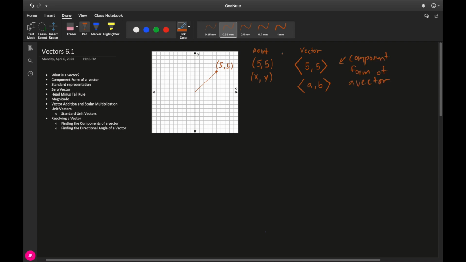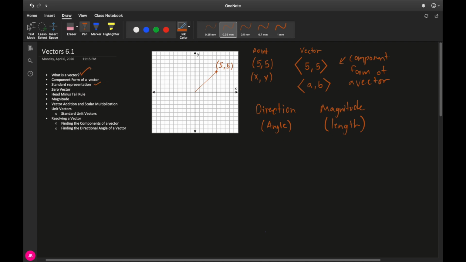Now a vector has two things. It has direction and it has magnitude. So direction, which is usually going to be in the form of an angle, and then it also has magnitude, which simply means the length of the vector, or of the line segment that is representing the vector. So this arrow right here is in what we call its standard representation.